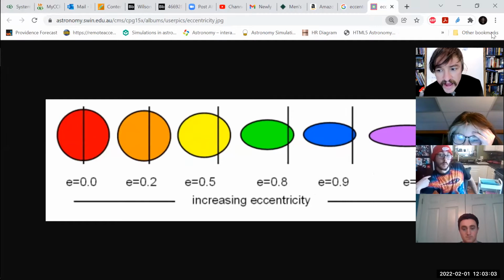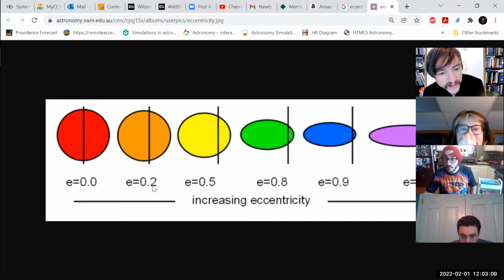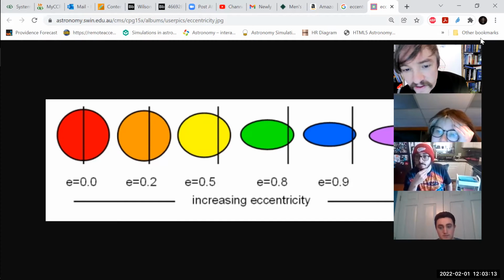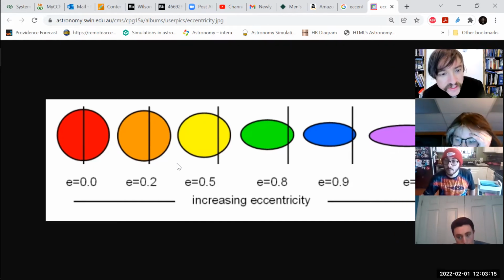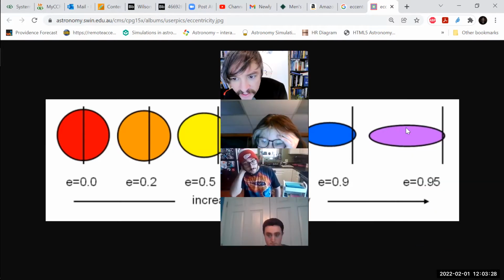You'll notice that an eccentricity of 0, the red image, is a perfect circle. Notice that with an eccentricity of 0.2, which might be considered 20% squishy, the orange shape actually looks pretty circular to the naked eye. By the time you get to 0.5, egg-shaped. By the time you get to 0.9, strong oval. And then as you get above 90%, it really starts to look cigar-shaped.